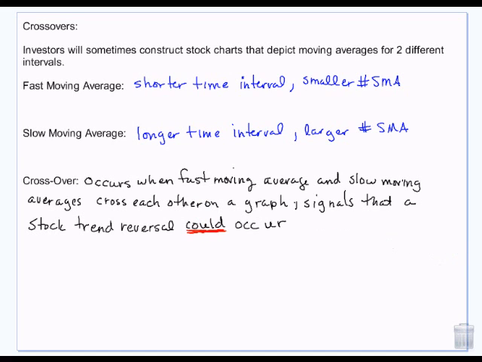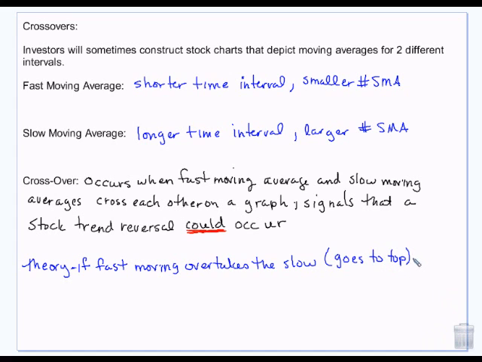So what happens is the theory is if your fast moving average overtakes the slow, so it moves to the top, that's when you consider buying.